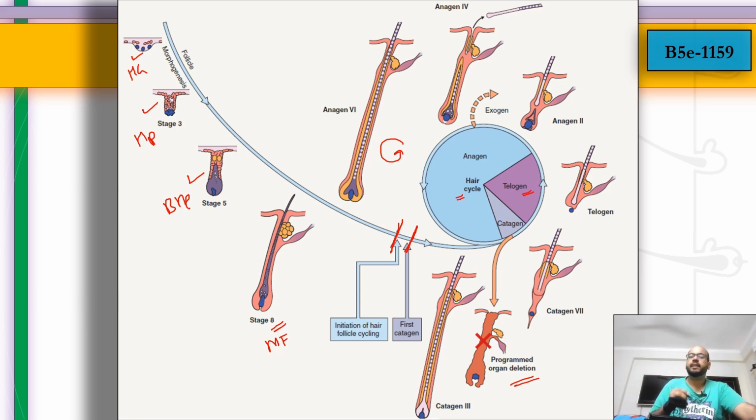And when we're talking about hair cycle, we're talking about one follicle. Every follicle has its own cycle, own speed of cycle, own duration of cycle, and every follicle is out of phase with the other follicles. Now, what do we mean by that?